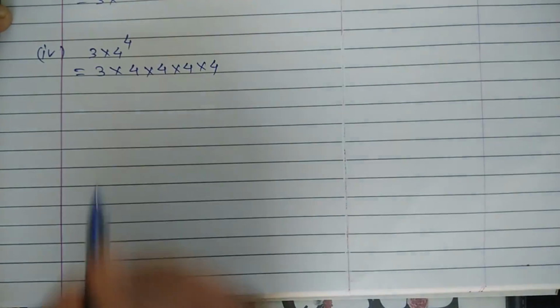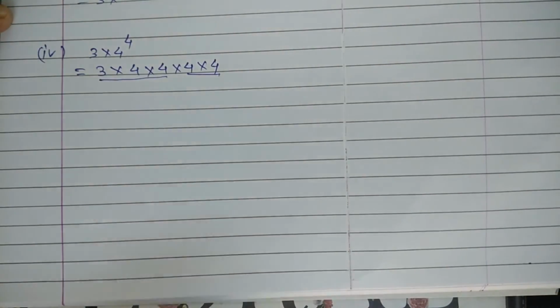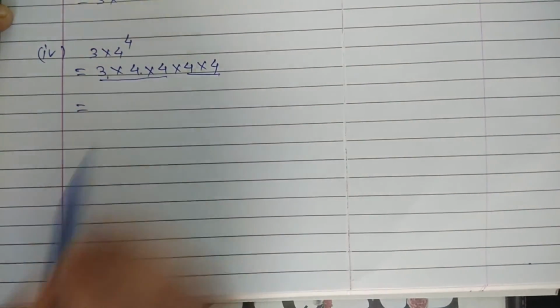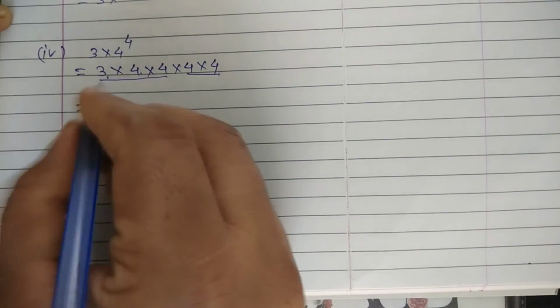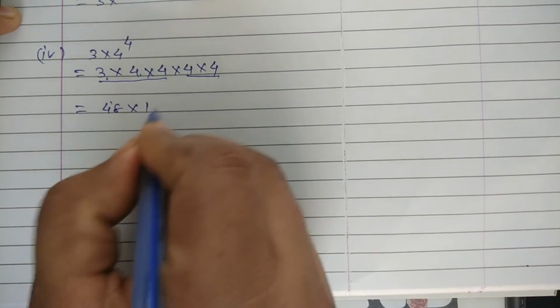So here we will make two parts. The first 3 numbers one part, the other 2 numbers the second part. So that is equal to 3 fours are 12 and 12 fours are 48, multiplied by 4 fours are 16.